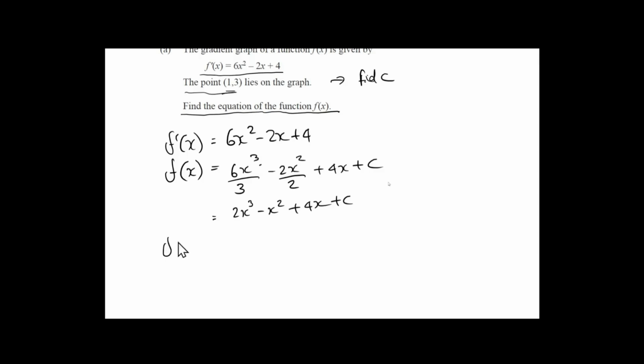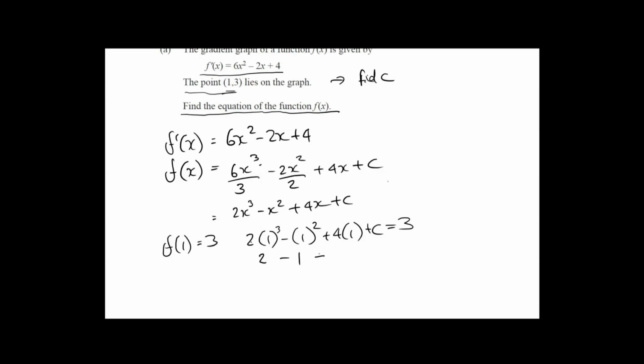But we know that, oh, it's doing those weird things again. When we have 1 in there, we get 3 out. So 2 times 1 cubed minus 1 squared plus 4 times 1 plus c, that equals 3. So 1 cubed is 1, 2 times 1 is 2, minus 1 squared is 1, and that's 1. Notice it's not negative 1 squared, it's negative of 1 squared.